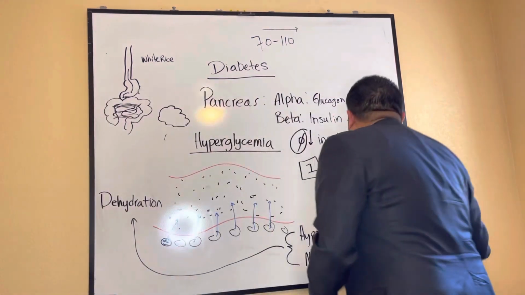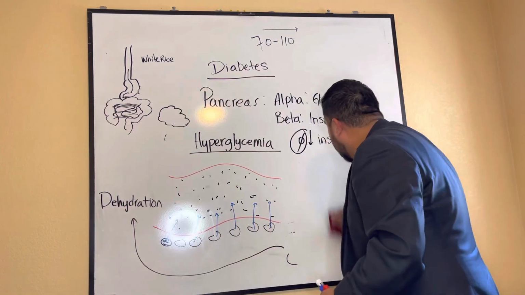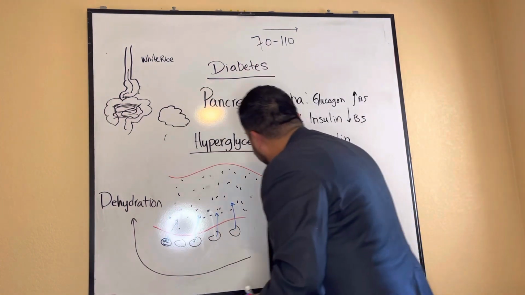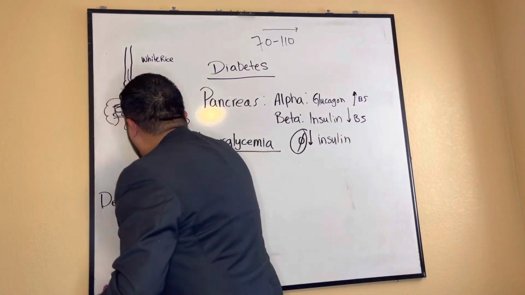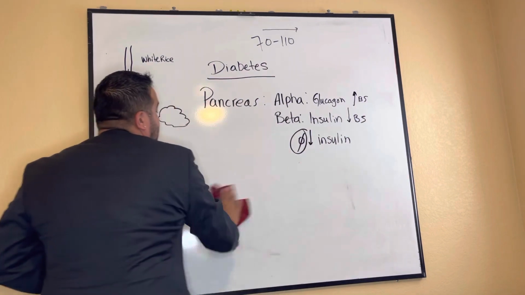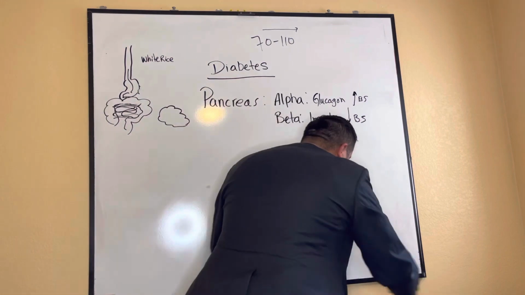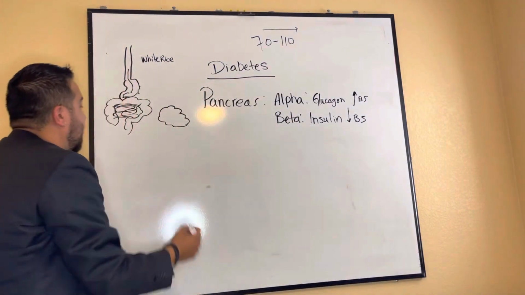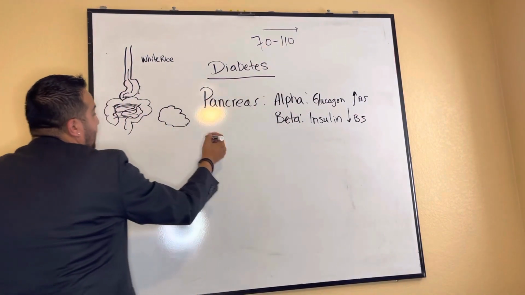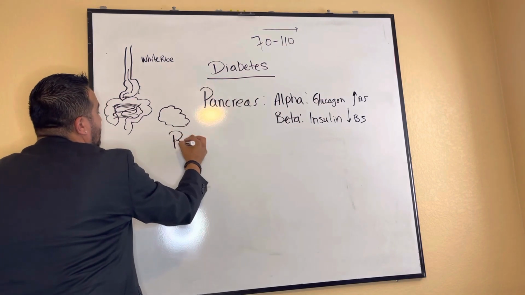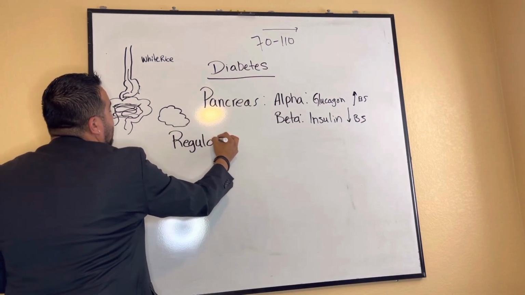For both patients, whether it's type 1 or type 2, we need to give them insulin. And when it comes to insulin, there's different types, okay? We have your regular insulin.